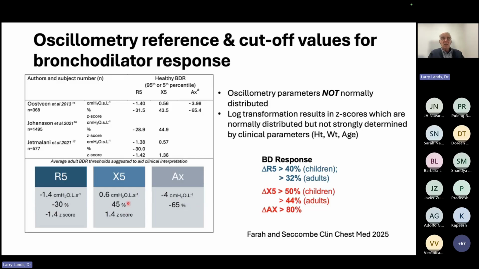So a reduction in the X5 by 45%, a drop in the resistance at 5 hertz of 30%, or a decrease in the area under the reactance curve of 65% would be considered a significant bronchodilator response. Just as a reminder, these are what I showed before, and so we're in fairly close agreement here.